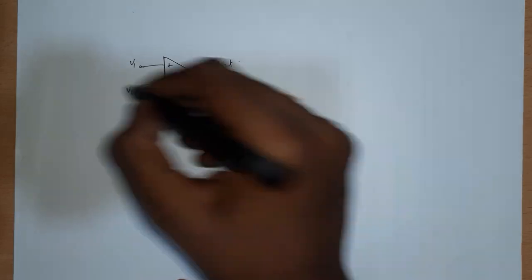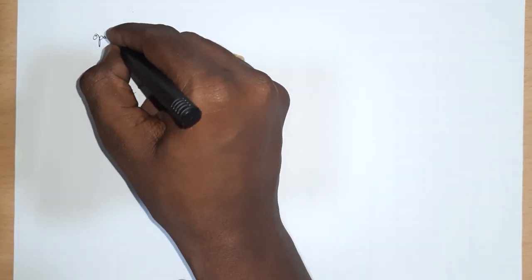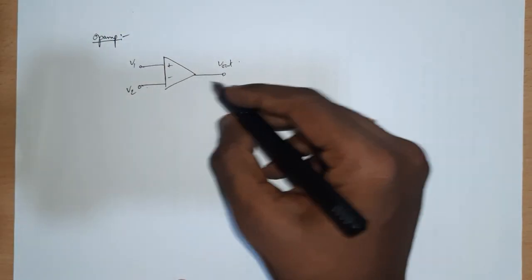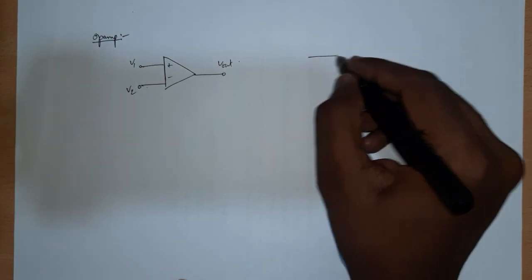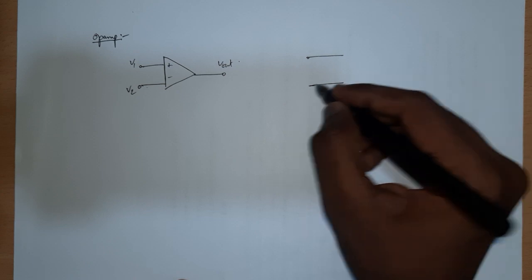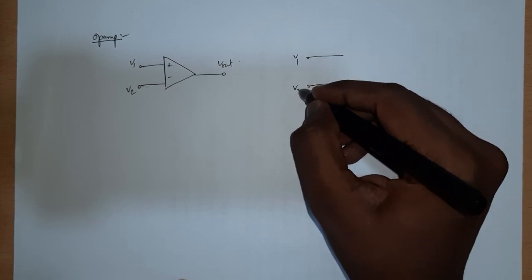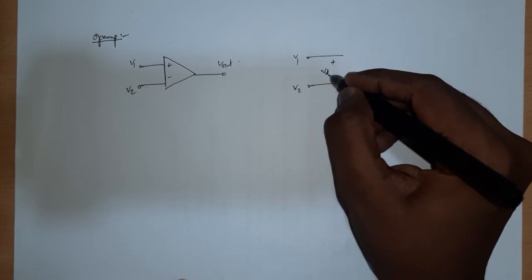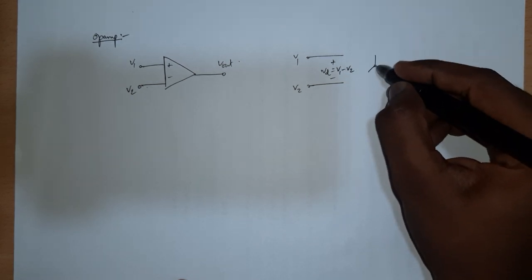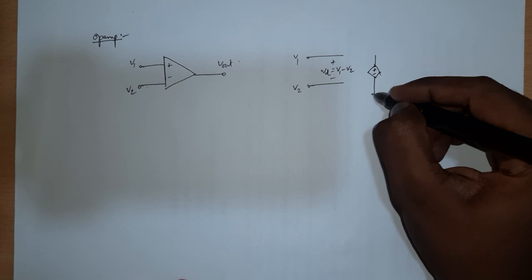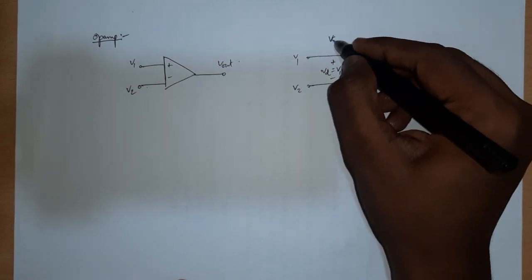And we know that in the model of the op-amp, or the incremental picture of the op-amp, will look something like this. This is V1 and V2, and this difference is Vd, which is equal to V1 minus V2. And this is a voltage control voltage source.